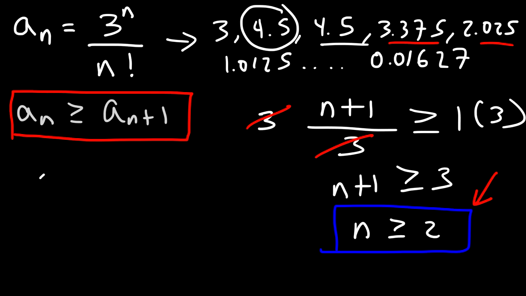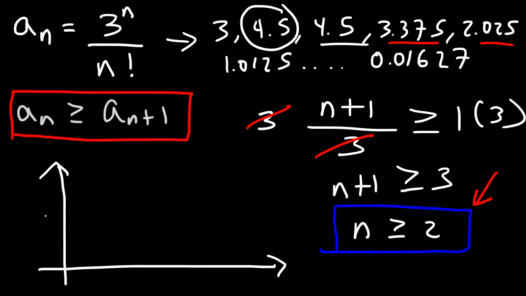And so let's say if we were to graph this function, let's say this is 1, 2, 3, 4, and 5. So when n is 1, the first term will have a value of 3, the second will be at 4.5, the third is at 4.5, and then it's just above 3, and then it's down to 2, and then 1, and then it's just going to keep decreasing towards 0.